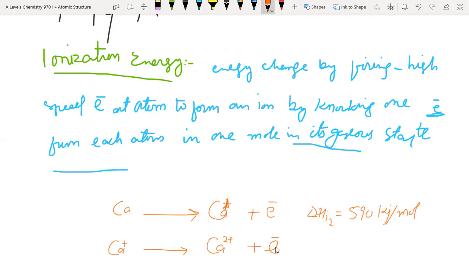Then the amount of energy required for the loss of the second electron will be called the second ionization energy. And the second ionization energy would be greater than the first ionization energy. Can you think what would be the reason behind this increase in the energy?